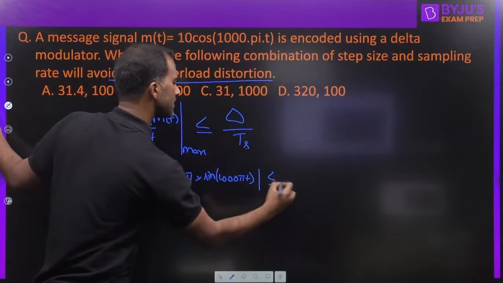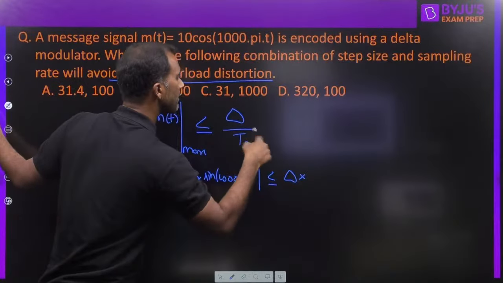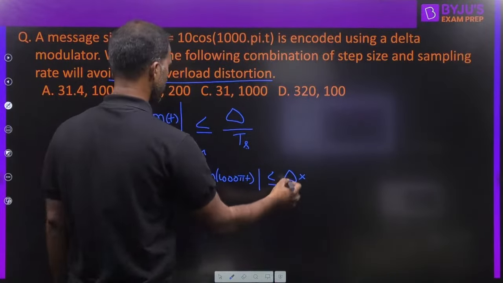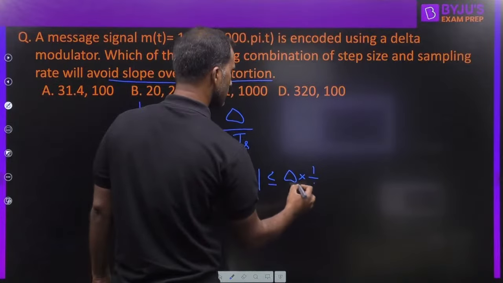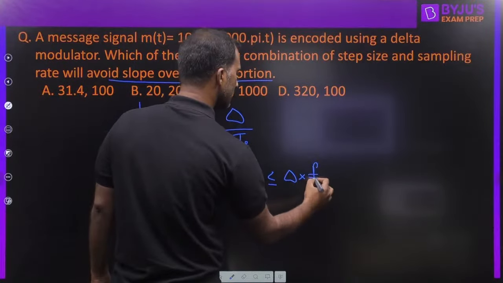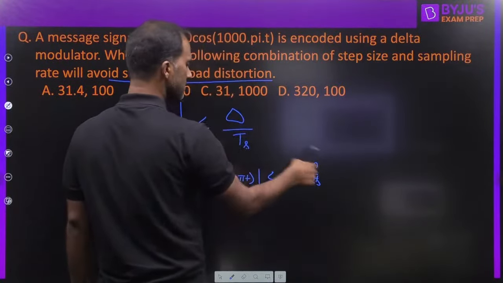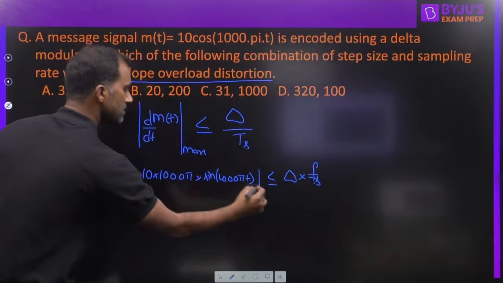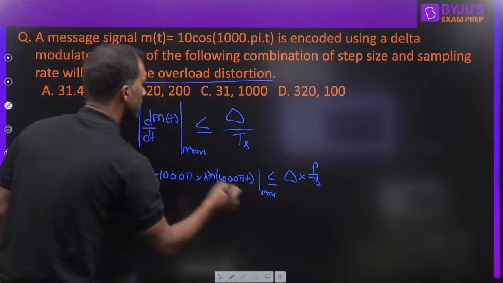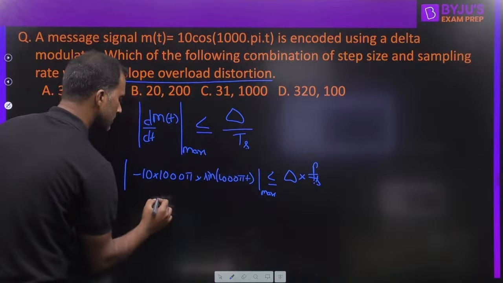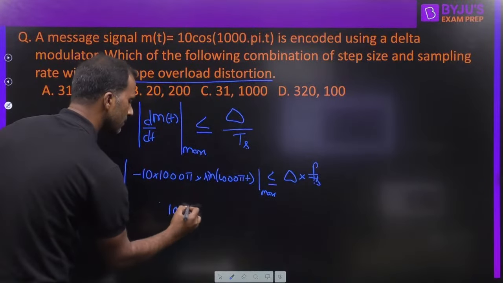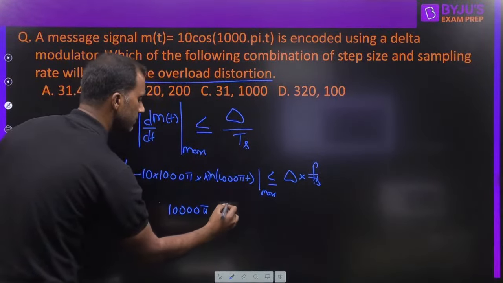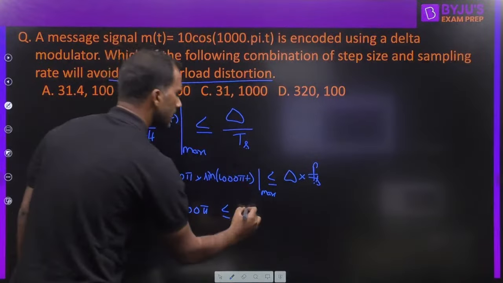The magnitude should be less than or equal to delta into 1 by Ts, which is Fs. I am writing 1 by Ts as Fs. So the maximum magnitude of the slope of the signal, 10,000 pi, is less than or equal to delta into Fs.